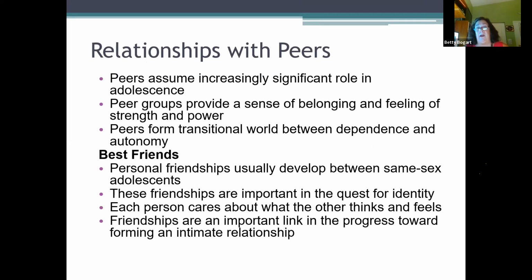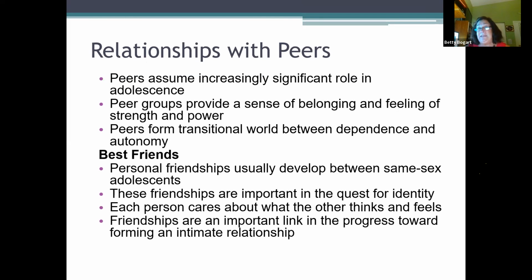Their peers are very important, very important. It gives them a sense of belonging, gives them a sense of strength and power. And best friends usually are, again, same sex, okay? And usually they are in that same identity group that they're looking for.